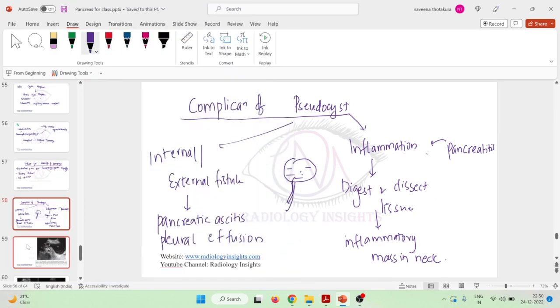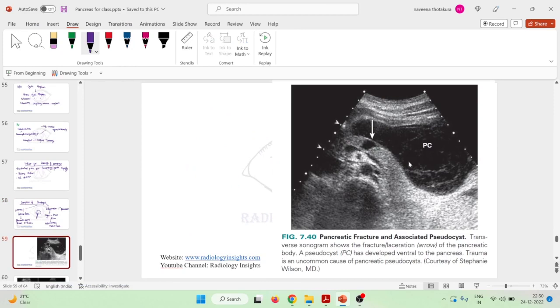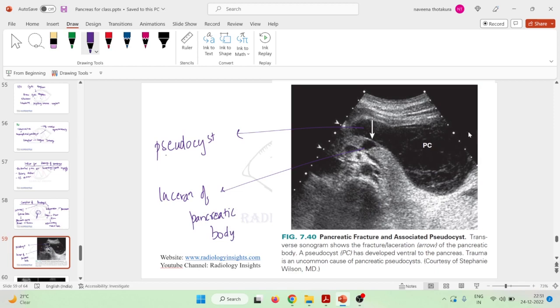If you see the pictures, this is a picture showing a pseudocyst. Here this is the pancreas, but there is a laceration in the pancreatic body. Because of this, the enzymes or fluid formed from the pancreas reach this area and form the pseudocyst.